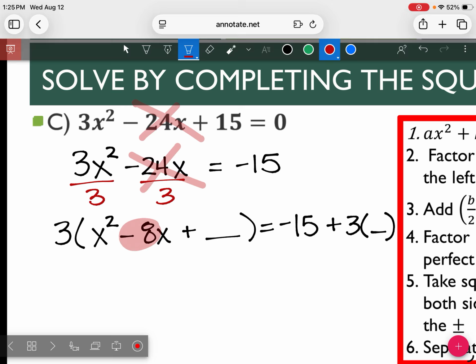And it should be positive. So half of negative 8 is negative 4. And negative 4 times negative 4 is positive 16. So I want you to put a 16 here and here.